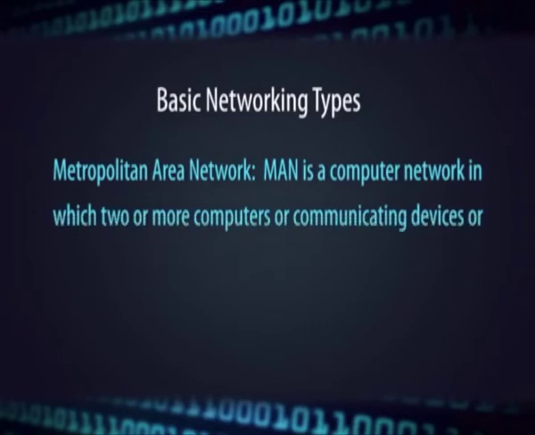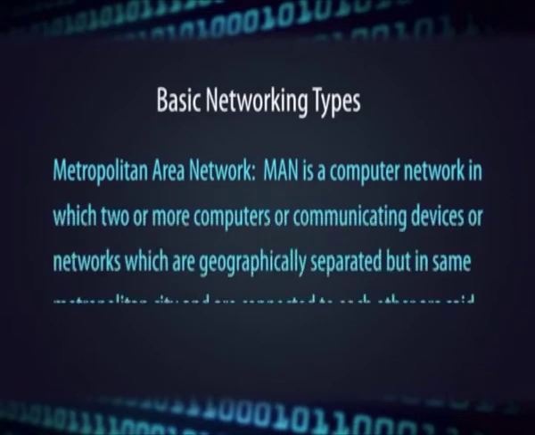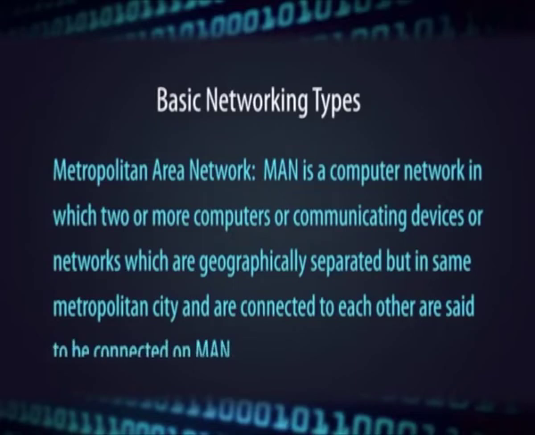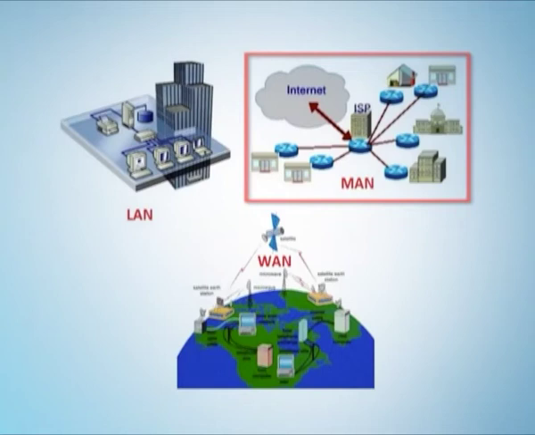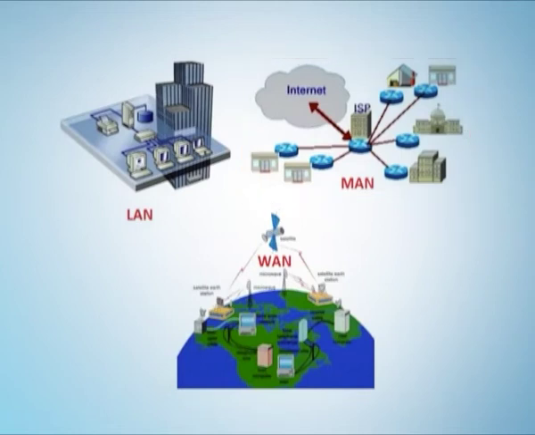MAN is a computer network in which two or more computers or communicating devices or networks which are geographically separated but in the same metropolitan city are connected to each other. Metropolitan limits are determined by local municipal corporations. The larger the city, the bigger the MAN. The smaller the metro city, the smaller the MAN.